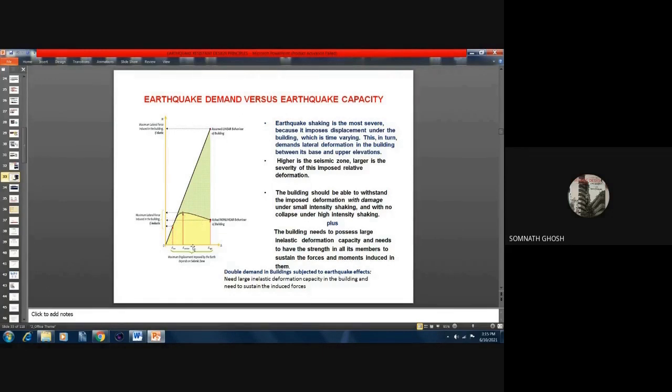Not that any amount of displacement is allowed. Beyond a particular displacement, you may not allow it. But if you go like this, it is a linear behavior. It is not practical. So ultimately, we have considered this. Theoretically, everything is possible.